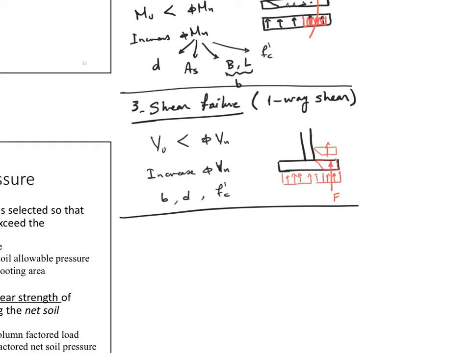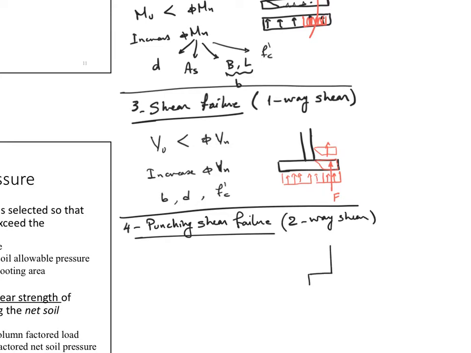The next limit state is the two-way shear. What is two-way shear? Punching shear. So we have something called the punching shear failure. What do you mean by this? It means that I have a very heavy load. This is also called two-way shear, right? If I have my footing looks like this, think about this shearing by penetrating the whole thing.